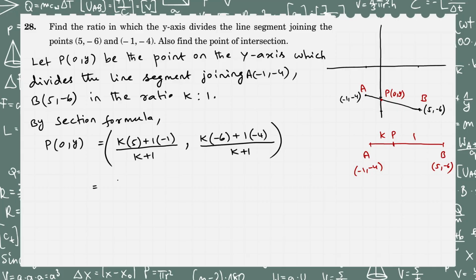Continuing further, we have (5k - 1)/(k + 1), comma (-6k - 4)/(k + 1) is equal to (0, y).